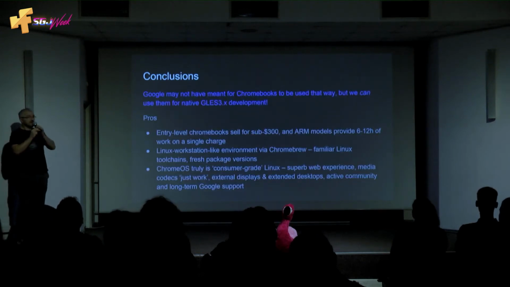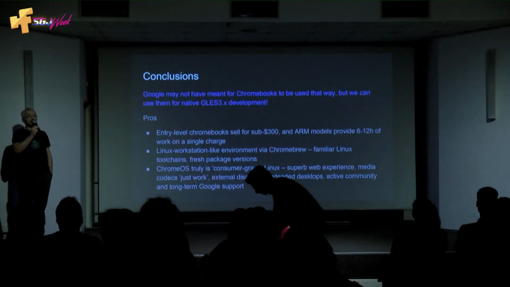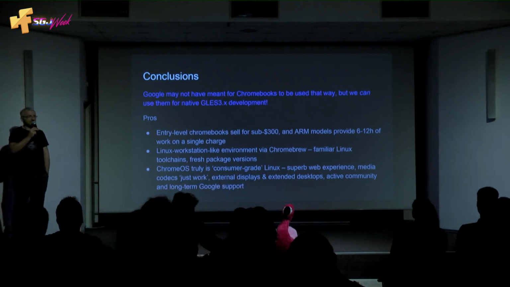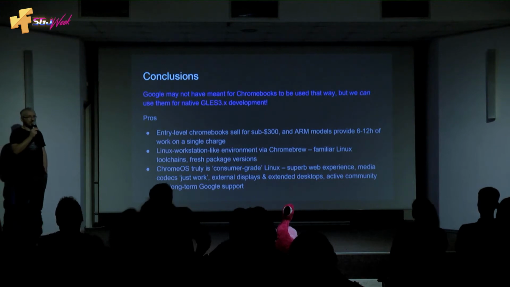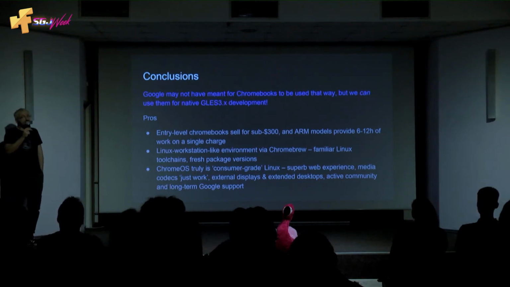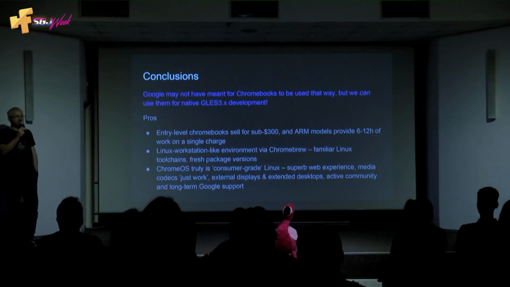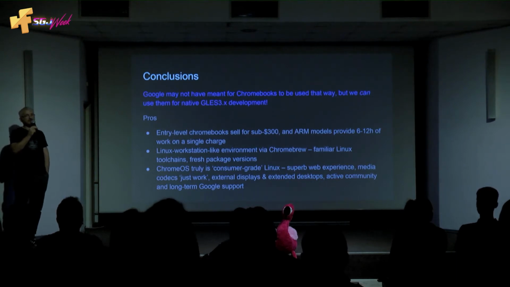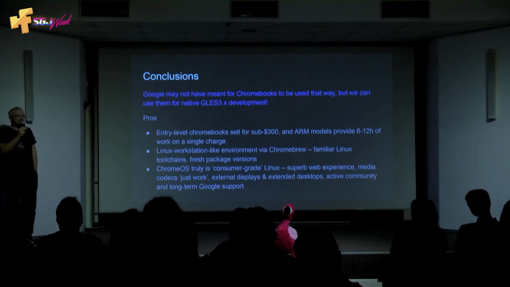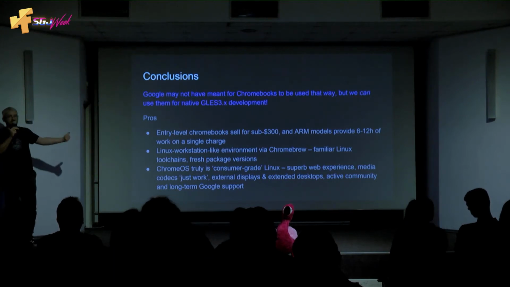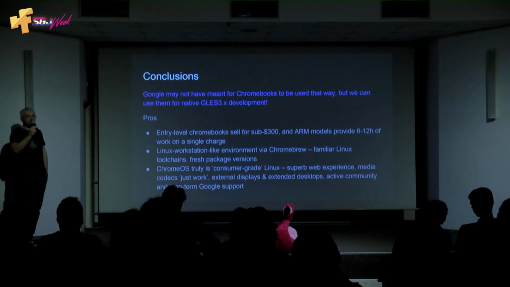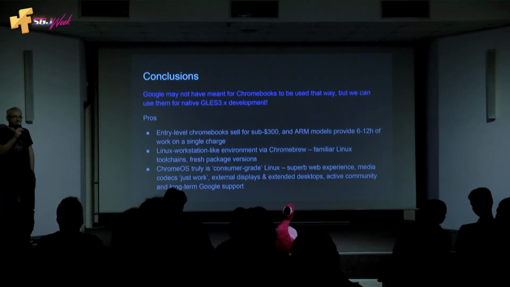So, to stop boring you, what are the conclusions that we can make from this talk? First, the good things. Entry-level Chromebooks go for as low as $300. So you can get an actual on-the-go development environment for OpenGL ES by just spending $300 on an entry-level Chromebook. The ARM models of those Chromebooks can give you up to 12 hours of work time, which is pretty great in my eyes.